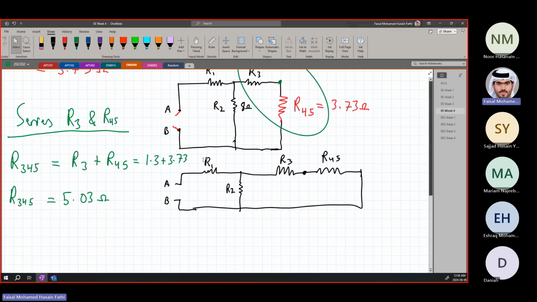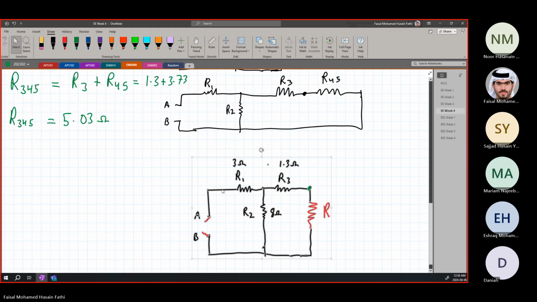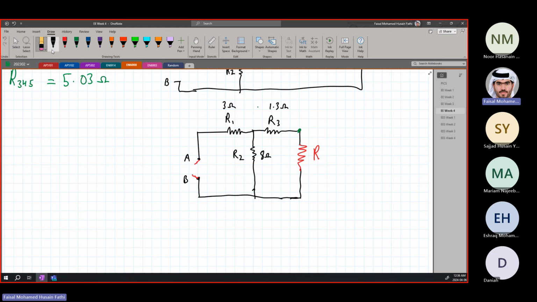Okay? So what does that mean? If I want to redraw this circuit now, we are done with this one. We found one single equivalent for both of them. Okay? So we can redraw it as this.